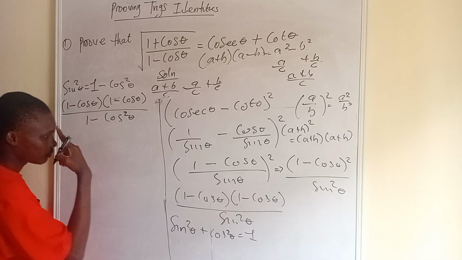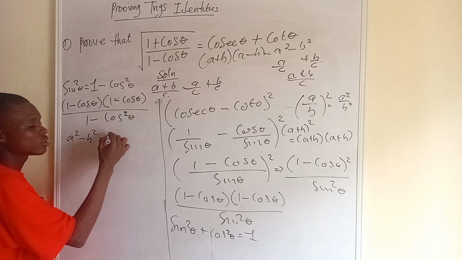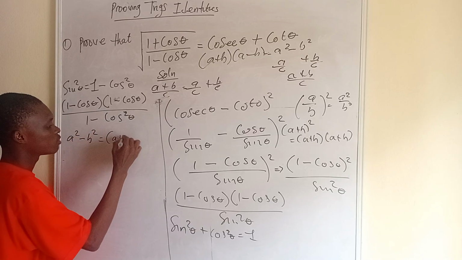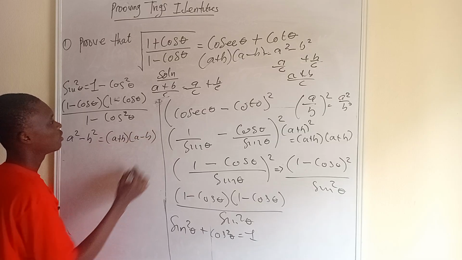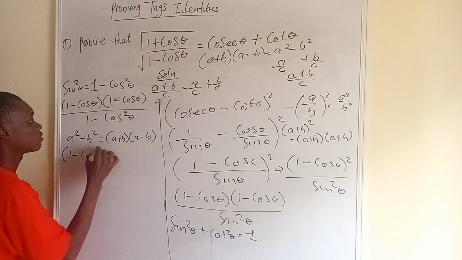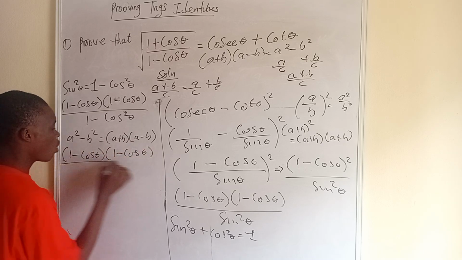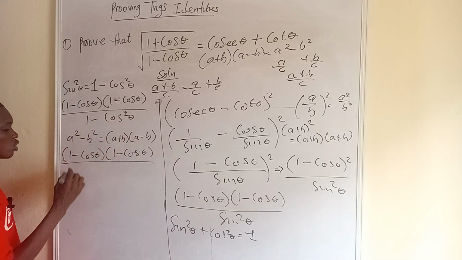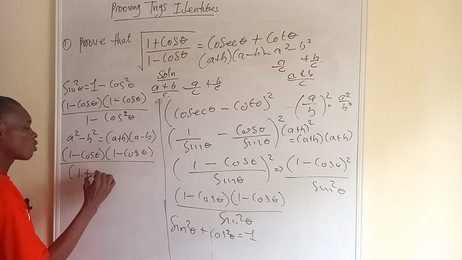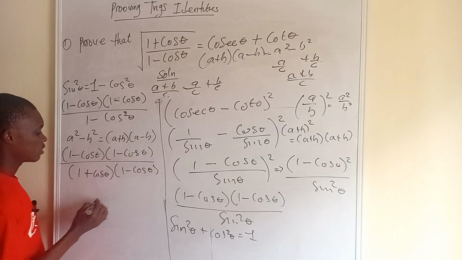All right. Now, this denominator, how do we simplify this? Remember that if we have a squared minus b squared, this equals a plus b and a minus b. So from here, how do we do this? We know that this is 1 minus cos theta into bracket 1 minus cos theta all divided by difference of two squares. So this becomes 1 plus cos theta into bracket 1 minus cos theta.